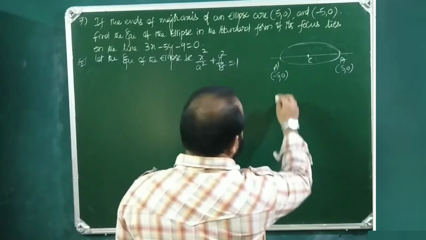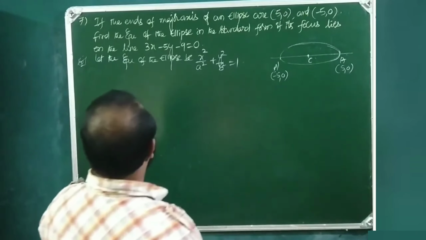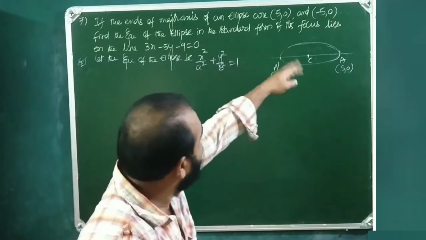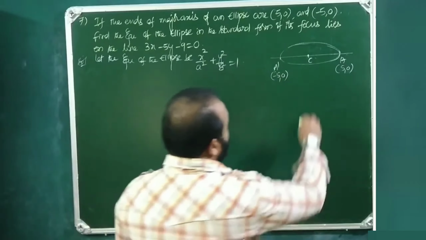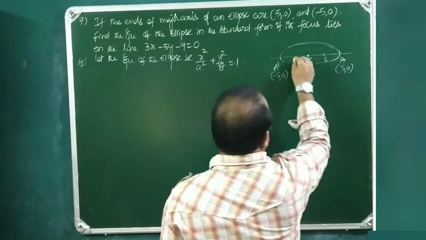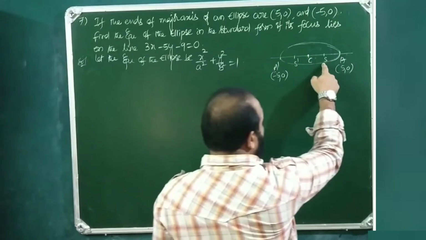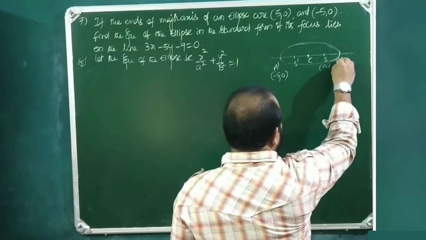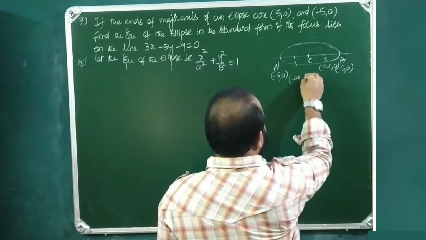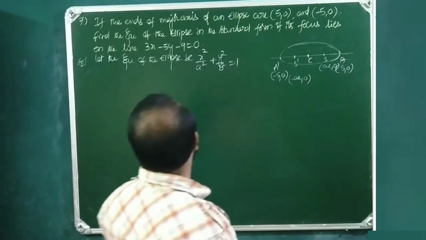If its focus lies on the line, let us take this as S dash, the foci. So if this is the focus, this is (ae, 0) and this is (-ae, 0).